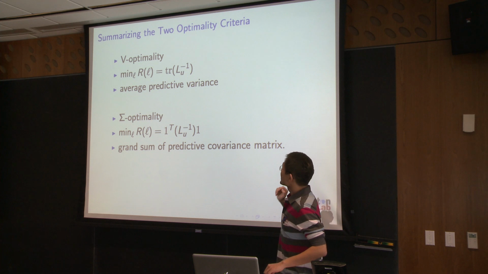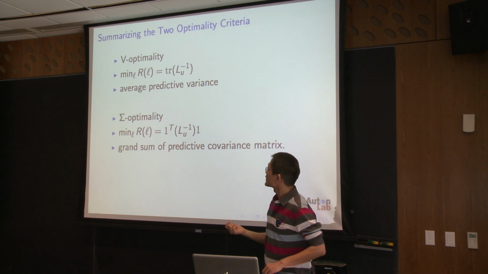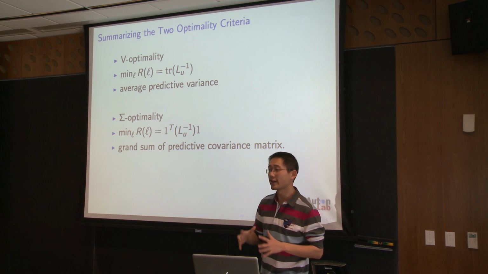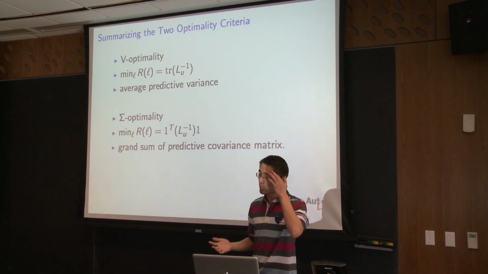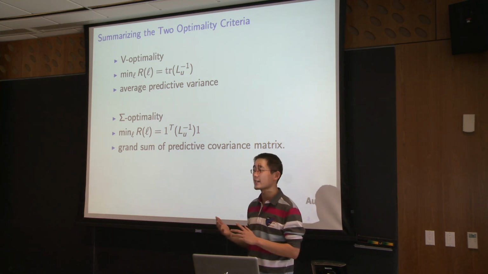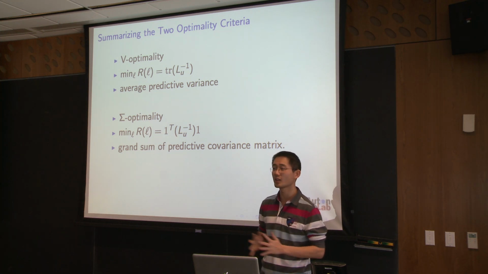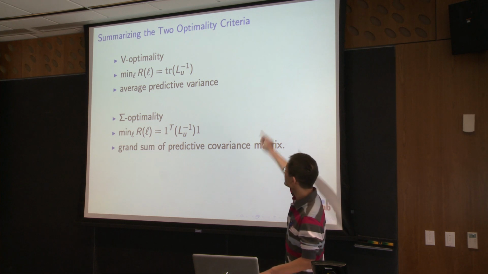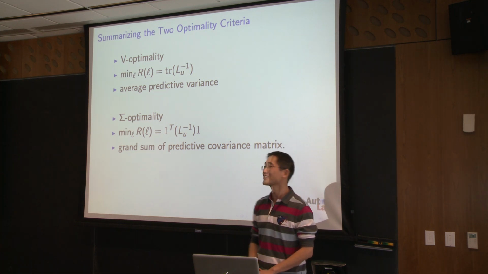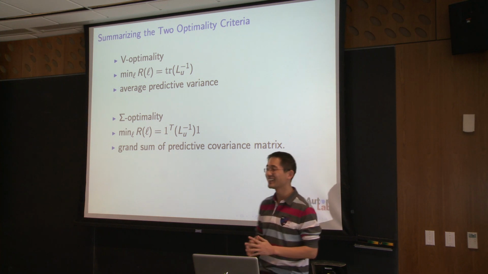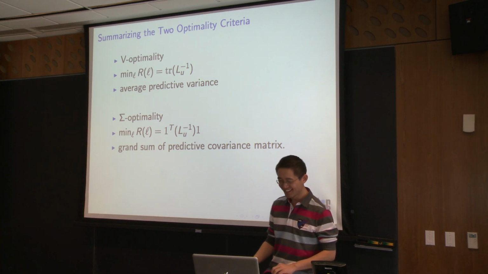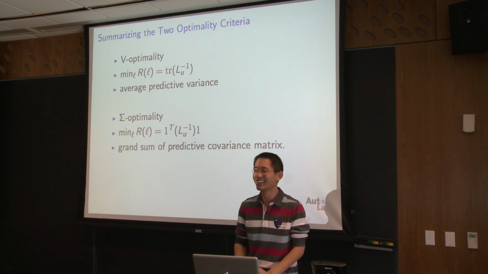Which one do you think gives us a better choice of k nodes in the context of the active learning problem, the active classification problem? Who votes for V optimality? Okay, 3 votes. Who votes for sigma optimality? 4 votes. So it's a bit unclear.